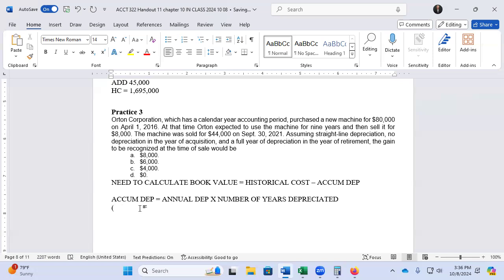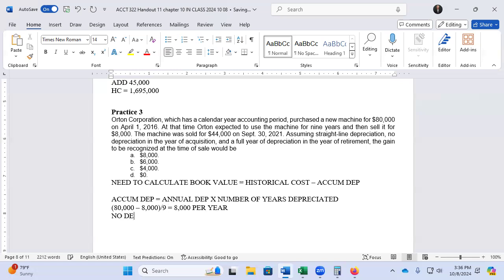And so here we had 80,000 minus 8,000. And it had a useful life of 9 years. And so that's 8,000 per year.